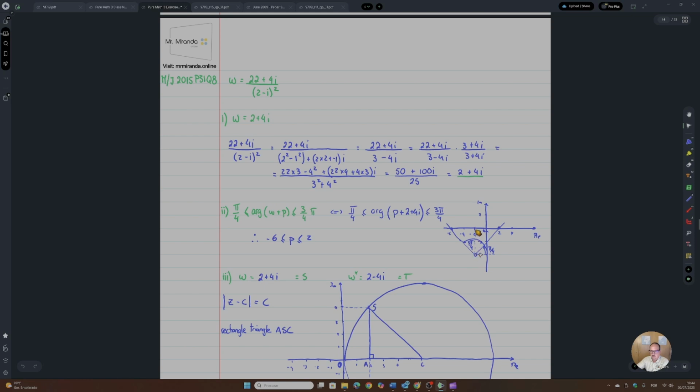Well, you know that the size of this is supposed to be 4, right? You know the size of this is 2. But more importantly, you know that this is pi over 4, which is 45 degrees, okay?